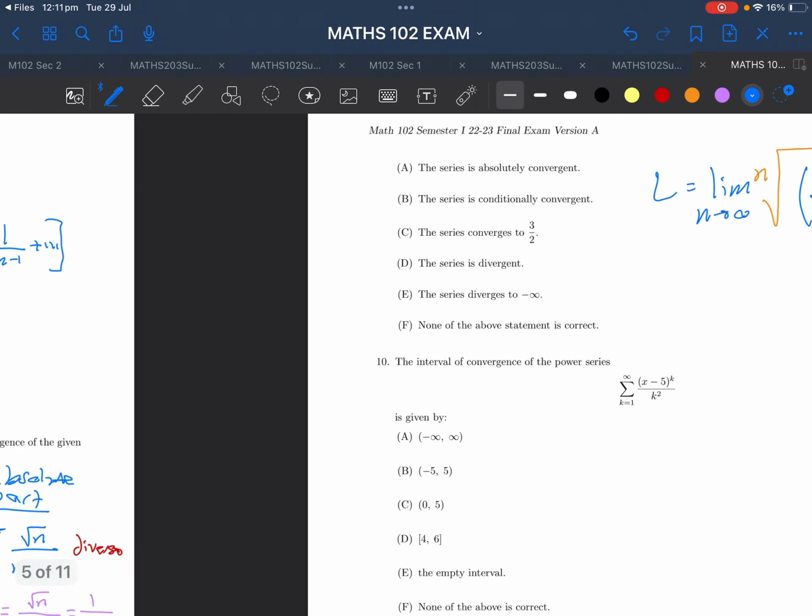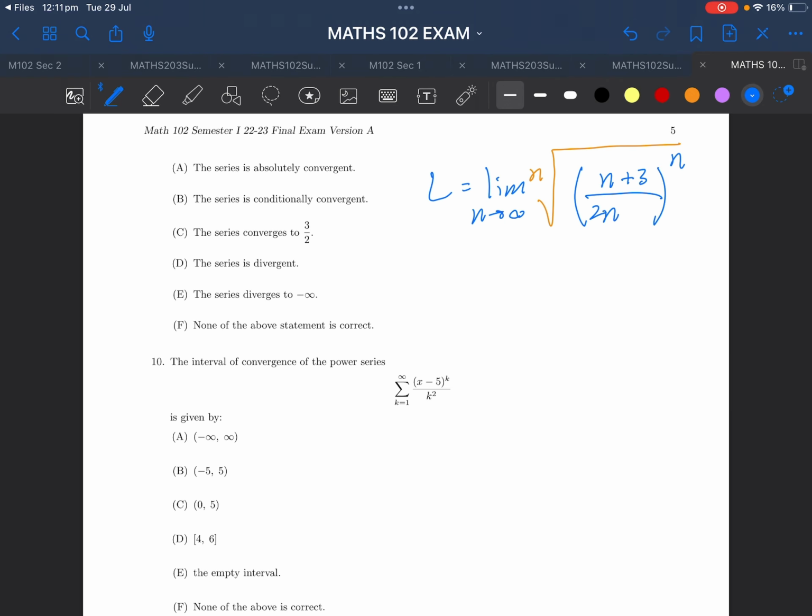Let me just copy it back. And that's easy going here. What will happen? We have the nth root and the power of n, so of course they will cancel each other and you will end up with no powers.